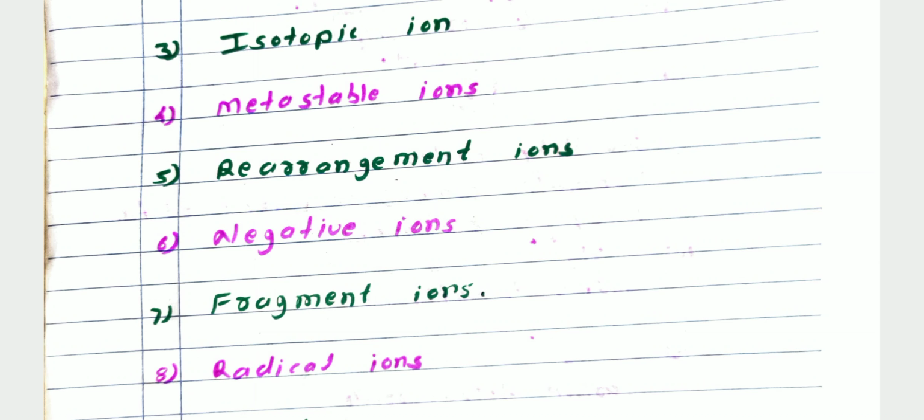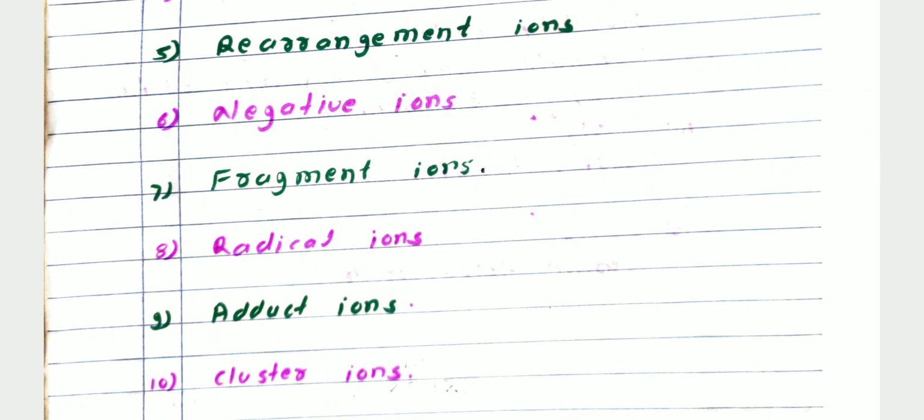Remember that cations are positively charged ions, anions are negatively charged ions, and radicals are species with a single unpaired electron. So these ions are derived from the sample molecule and formed by dissociation or decomposition, giving the fragment ion.